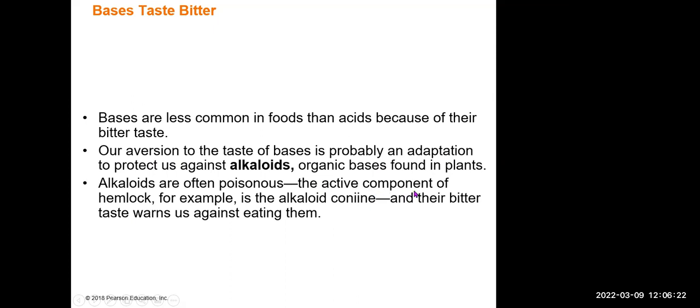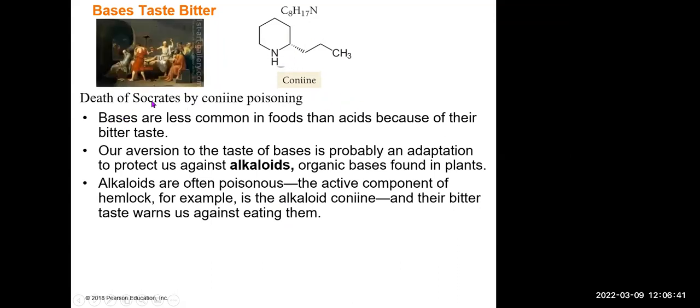The active component of hemlock, for example, is the alkaloid coniine, and its bitter taste warns us against eating it. And here is the molecular formula and structure of coniine. The death of Socrates was by hemlock poisoning, as shown in this painting.